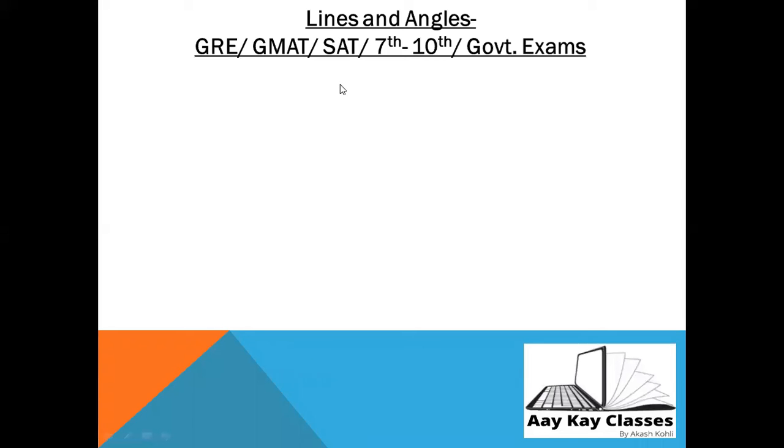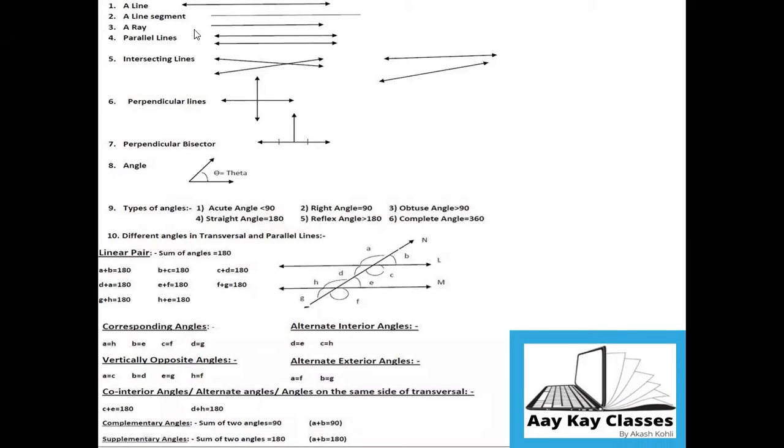So I'm going to show you the screen where I have put all these things in one page. So this is a line. We have studied about it. Then next is line segment. Yes, you know about a line segment now. Ray, yes, you know about it. Parallel lines and of course intersecting lines, you know about it. Now perpendicular lines.